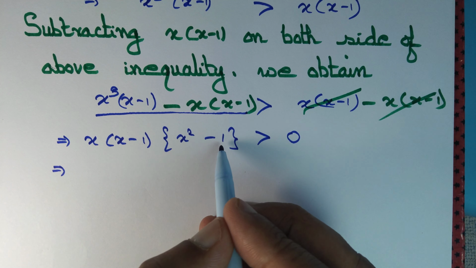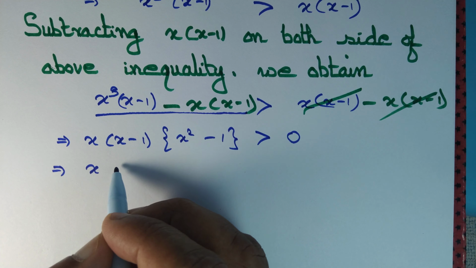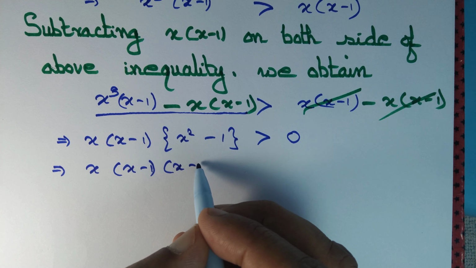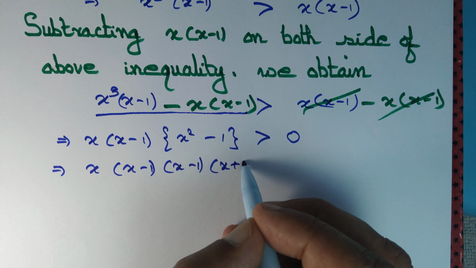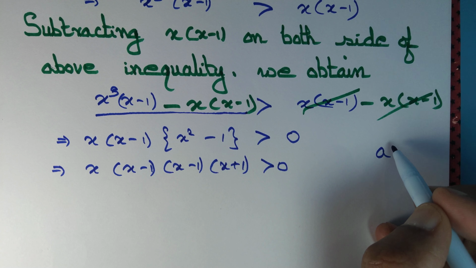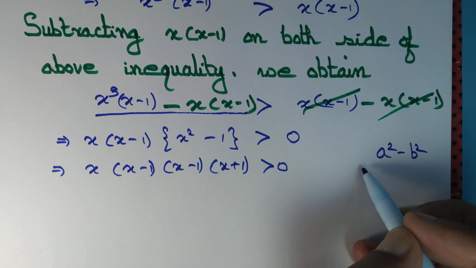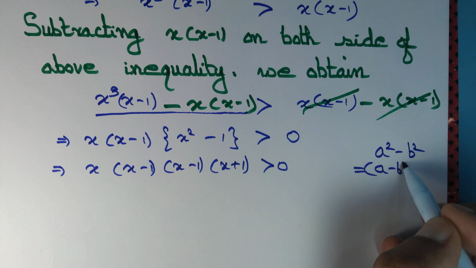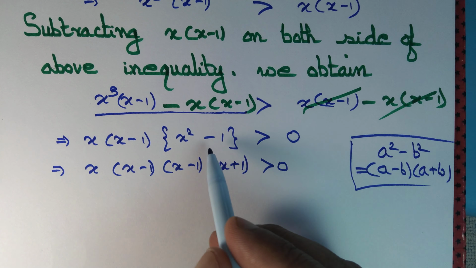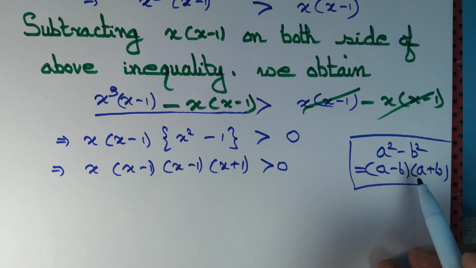Now we see that we can factorize x square minus 1. So we can write this expression as x minus 1 into x plus 1 is greater than 0. We simply use the formula a square minus b square equal to a minus b into a plus b, with a equal to x and b equal to 1.